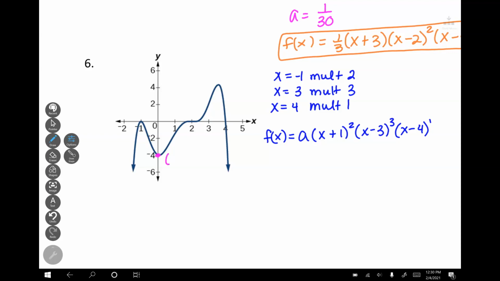Y-intercept of -4. All right, so we'll plug in 0 for x and -4 for y. Solve for a.